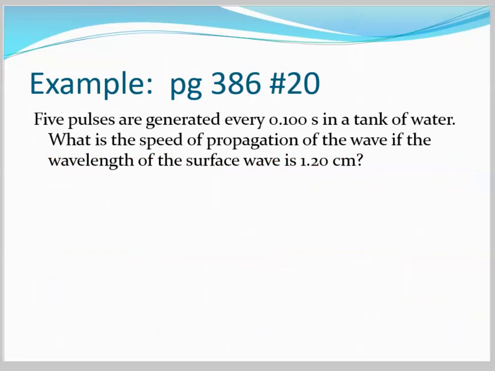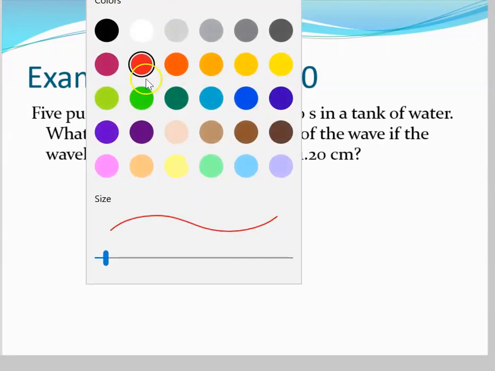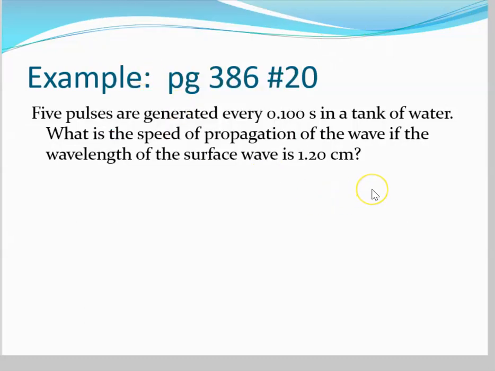This next problem is asking us to calculate speed. Wave speed is really what they're asking for. Okay, and what do they give us though? This is kind of confusing, this part. So when they say 5 pulses are generated every 0.1 seconds, what they're trying to tell us is give us enough information to calculate the period.